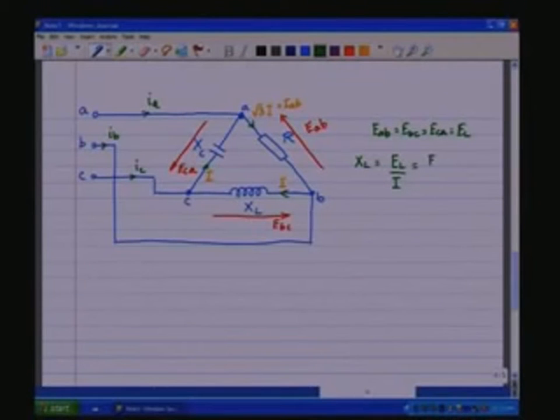So, this is E_L by I_AB by root 3, which is into root 3. This is nothing but R, the resistive component of the load. So, this is R root 3. Likewise, XC, the capacitive reactance, is E_L by I, which results in R root 3 value-wise in ohms.